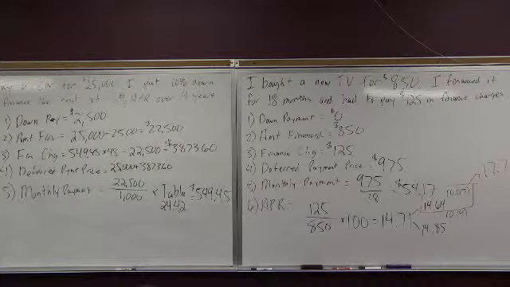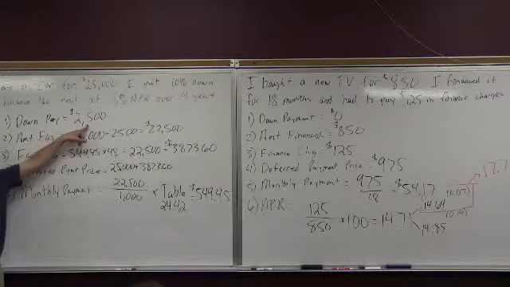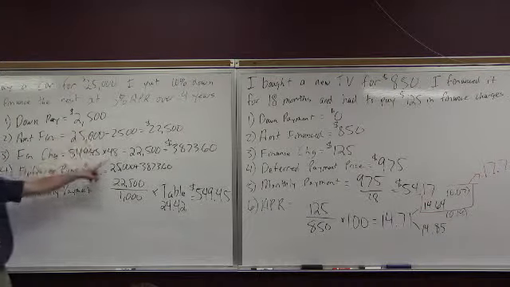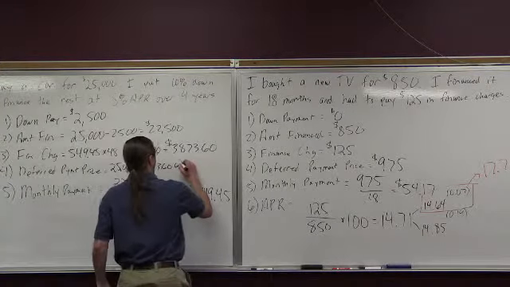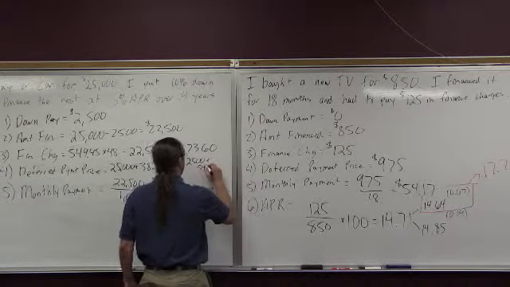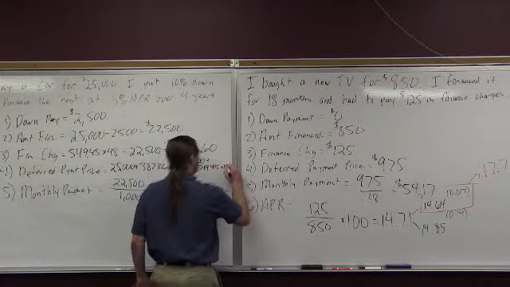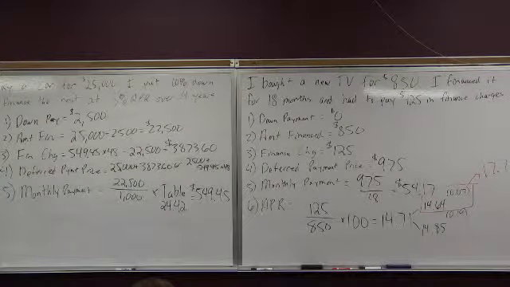The other way is to just actually add up the money that you give them, right? Remember that you gave them $2,500 up front, and then you gave them 48 payments of $549.45. That's the other way to do it. Or $2,500 plus $549.45 times 48. Those two values should always be the same. Right?